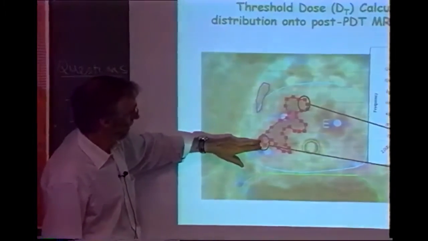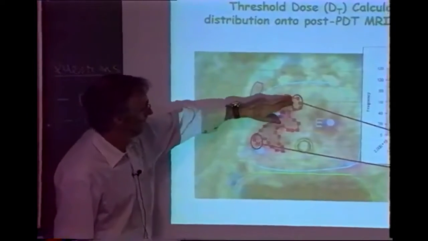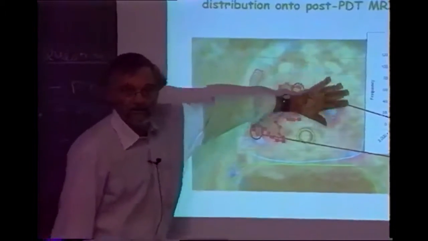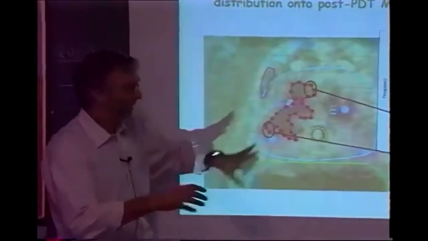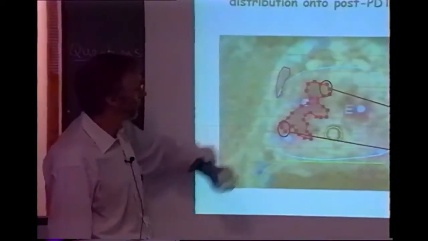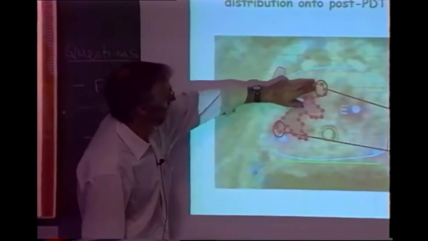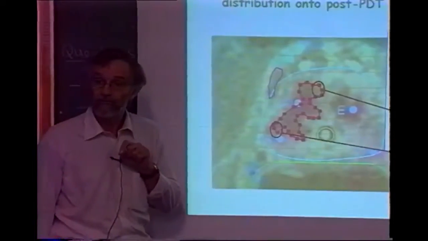Well, we are able to calculate the PDT dose at every point throughout this prostate, because we measure the light and can reconstruct the whole of the distribution. And so at every point along this boundary of necrosis, we're able to calculate the PDT threshold.